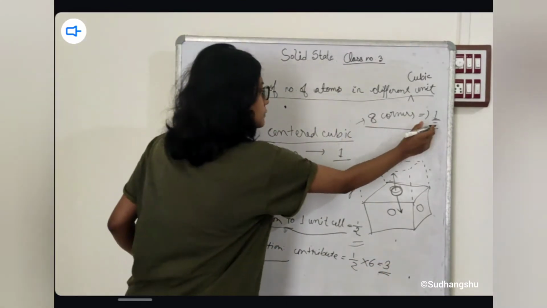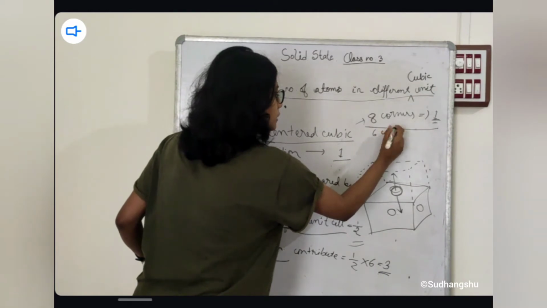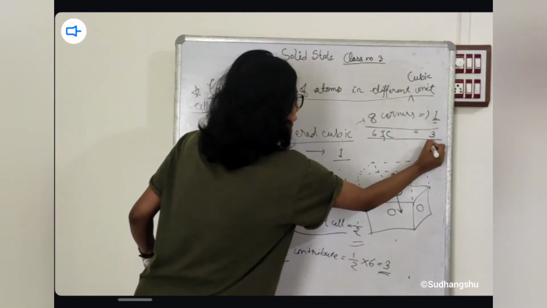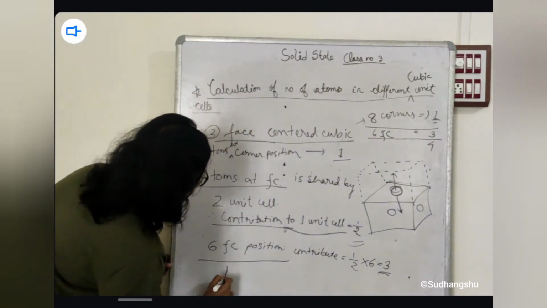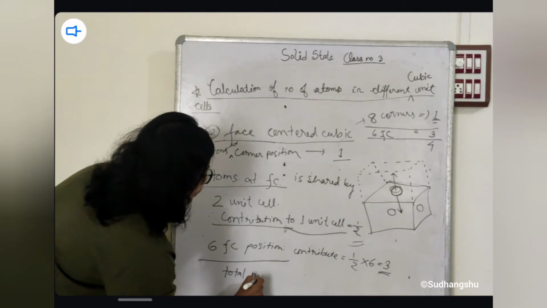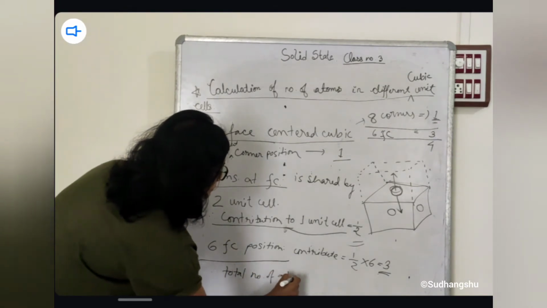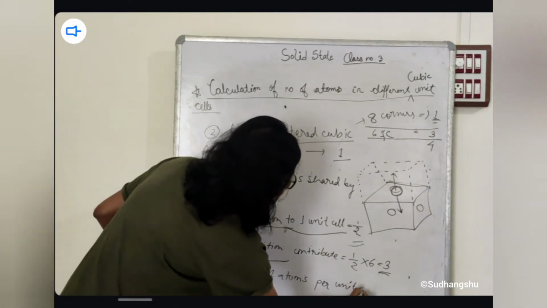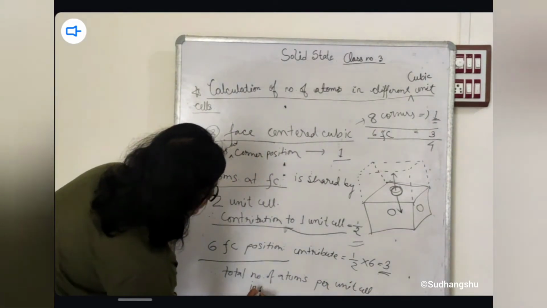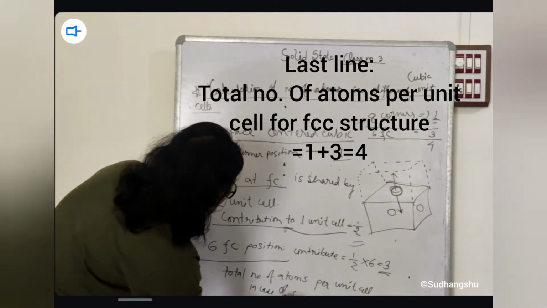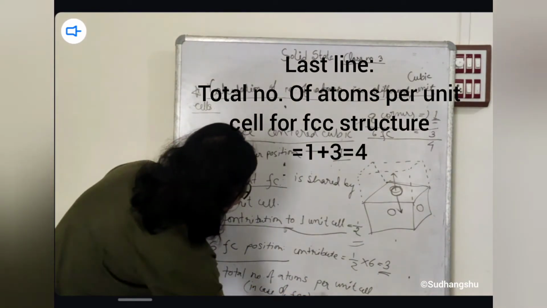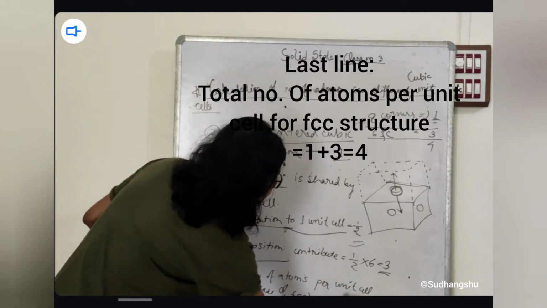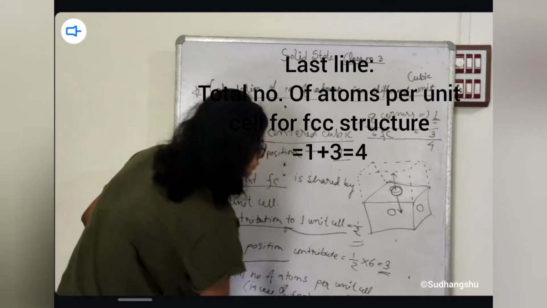So 8 corner atoms contribute 1, 6 face centers contribute 3. Therefore, the total number of atoms per unit cell in case of FCC structure, face centered cubic structure, is equal to 1 from corner plus 3 from face center is equal to 4.